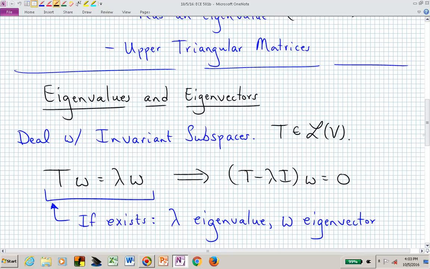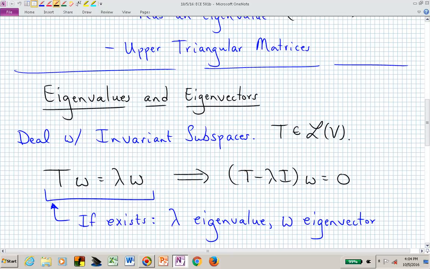This is a recap of where we've already been. You should have this equation memorized and commit it to memory for the rest of the semester, if not longer. And that is, if we are dealing with eigenvalues and eigenvectors, we really are starting to think about invariant subspaces, where these eigenvectors are associated with invariant subspaces.